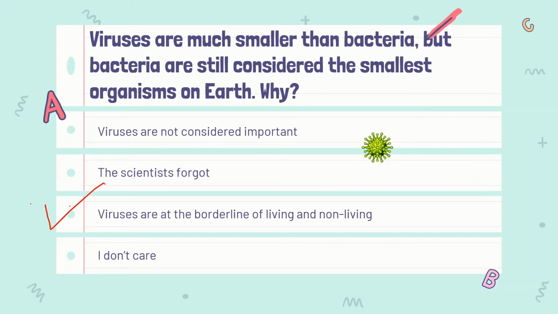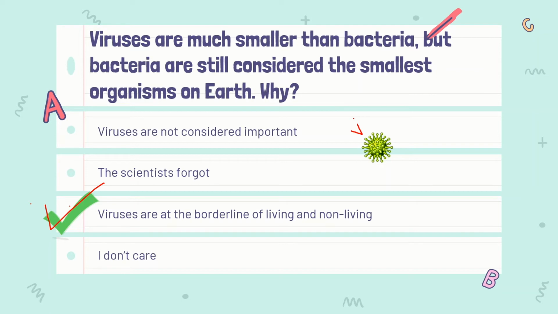Let me show you an example. This is a virus. Let me name it V for virus. It is not in the body of a host. It is not in the body of any organism, it's outside the body of any organism.